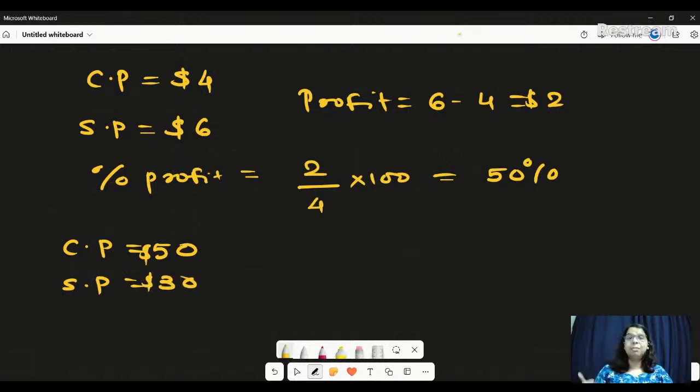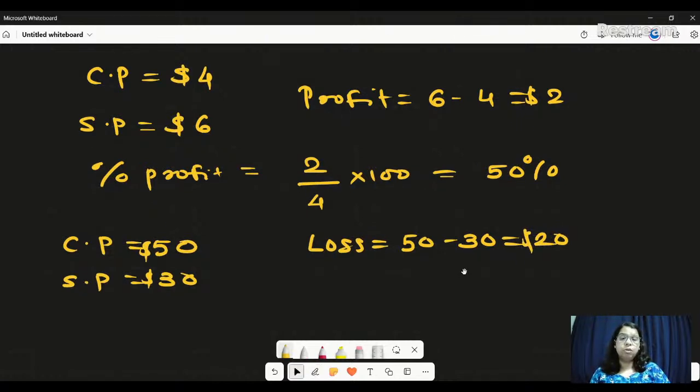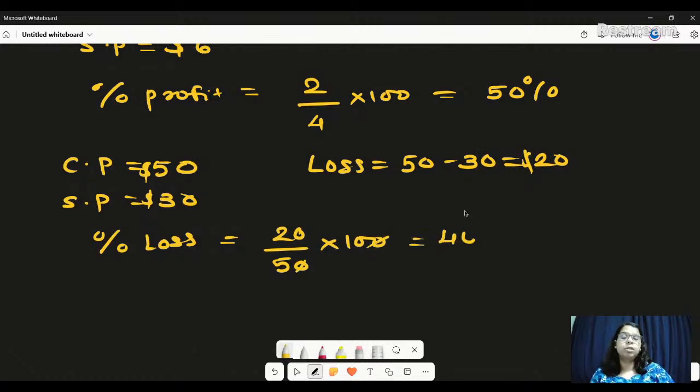Now we know that our selling price is less than our cost price, so this is a loss. And the loss is 50 minus 30, equal to $20. Now we calculate the loss percentage. Percentage loss is 20 over 50 multiplied by 100, so it is a 40% loss.